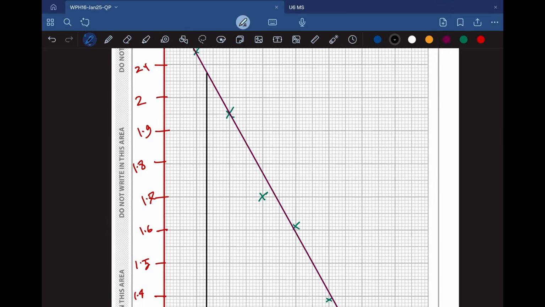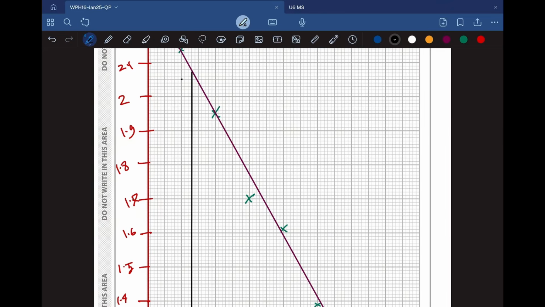It is going to be 2.5, sorry, not 2.5 actually. It is going to be actually 2.07.